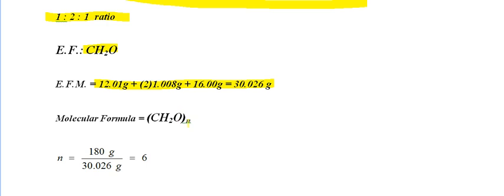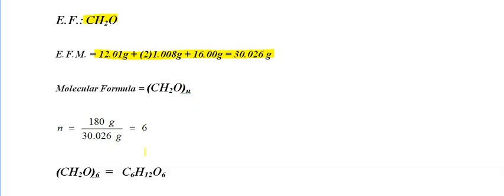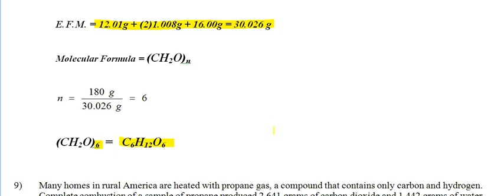So your molecular formula has a multiplier of 6. So it'll be C6H12O6. And it probably wouldn't be a bad idea to know what the name of that compound is. It's a very common sugar. C6H12O6 is, that's right, glucose. Okay, so probably learned that in biology a few years ago.